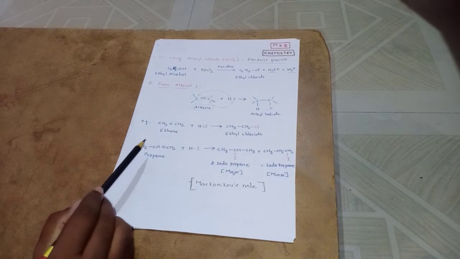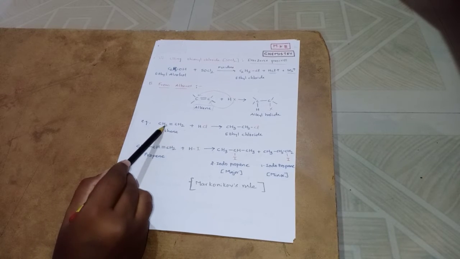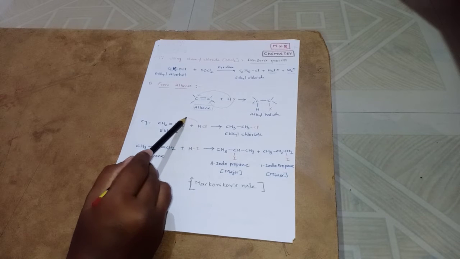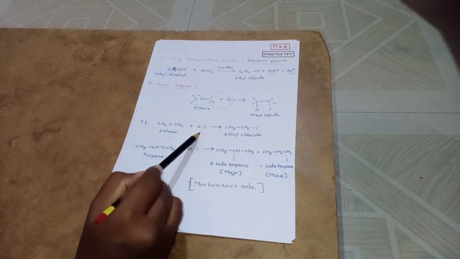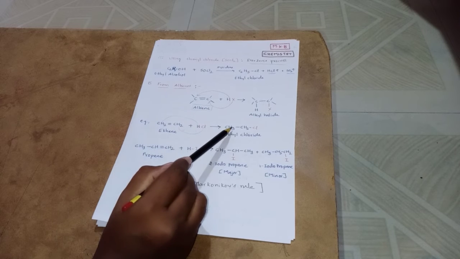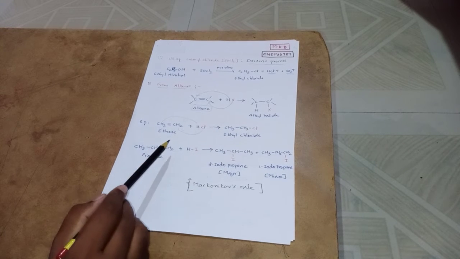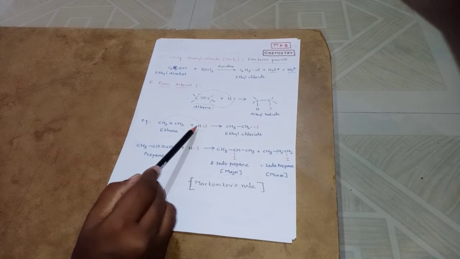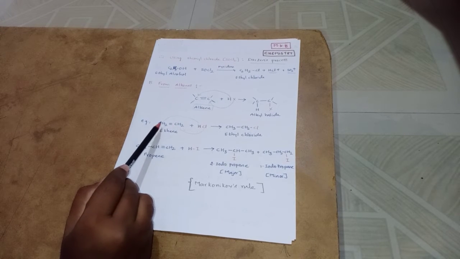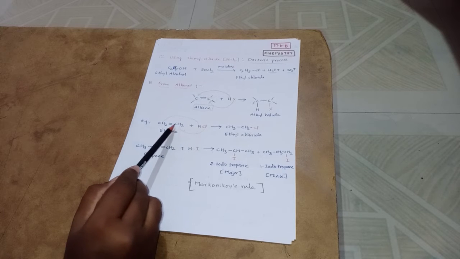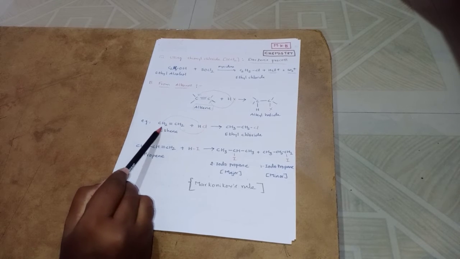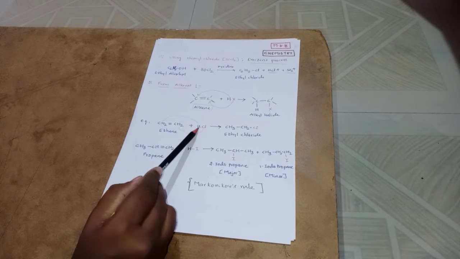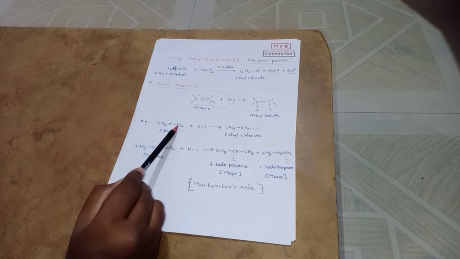I will take a simple example. Ethene, CH2 double bond CH2, plus HCl. Now I add hydrogen to this carbon and chlorine to this carbon, so that it becomes CH3CH2Cl. Now we may have a doubt whether we should add hydrogen to the first carbon or second carbon, and chlorine to the first carbon or second carbon. In case of symmetrical alkenes, you can add the hydrogen to either of the double bonded carbons.